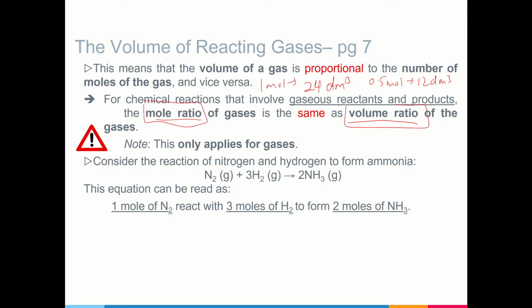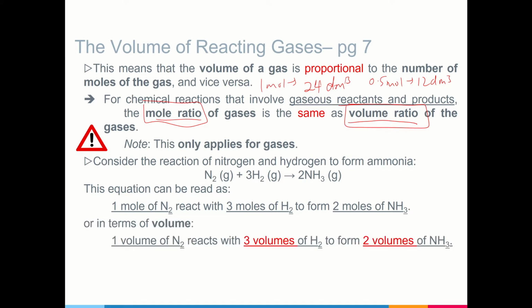If I increase number of moles, my volume will increase proportionally. So if I want to convert it to volume, it means that 1 volume of nitrogen will be 3 volumes of hydrogen, and it will form 2 volumes of ammonia.